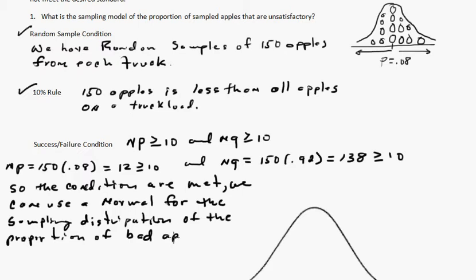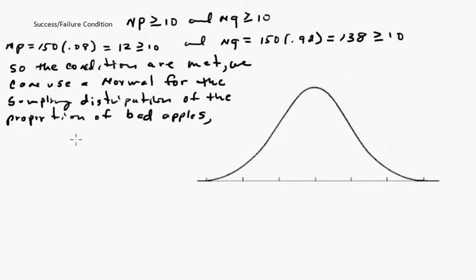Okay, so the center is going to be 0.08, 8%, with mu, the center, equal to p, 0.08.